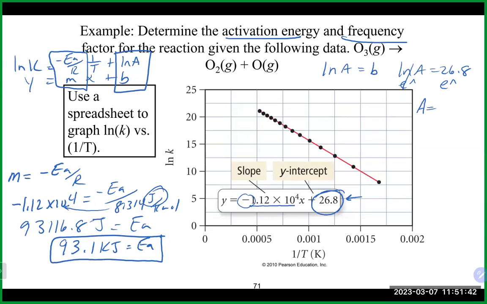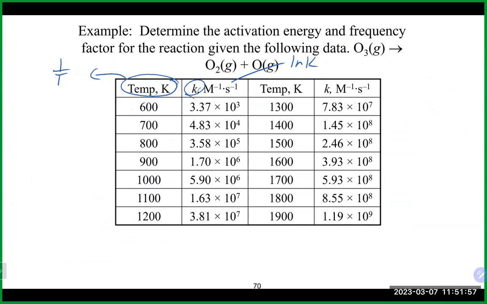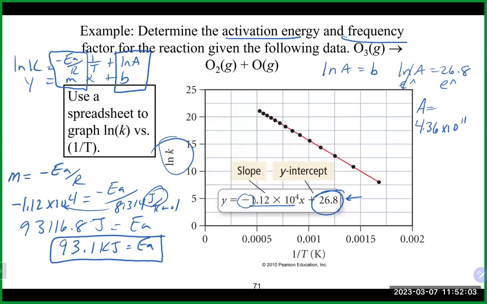we'll call it 4.36 times 10 to the 11, it looks like. Now, once again, as we talked about the units here, they do really fall back to the units that we see here for the rate constant, which would be 1 over molar seconds in this case.